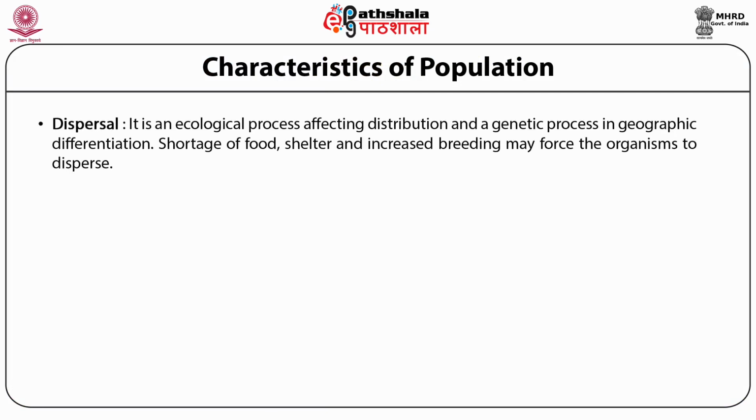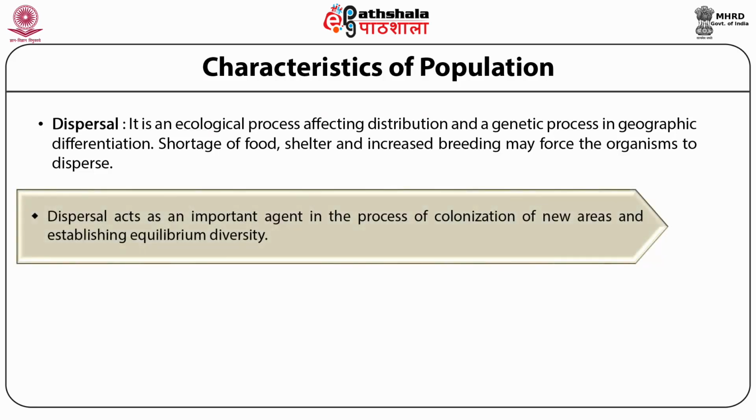It is an ecological process affecting distribution and a genetic process in geographic differentiation. Shortage of food, shelter, and increased breeding may force the organisms to disperse. Dispersal acts as an important agent in the process of colonization of new areas and establishing equilibrium diversity.